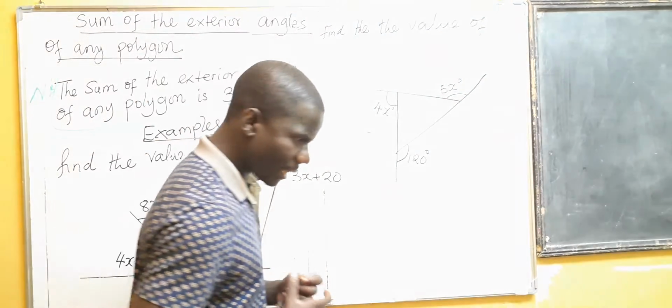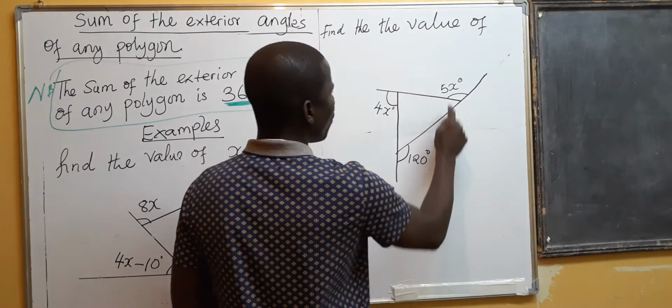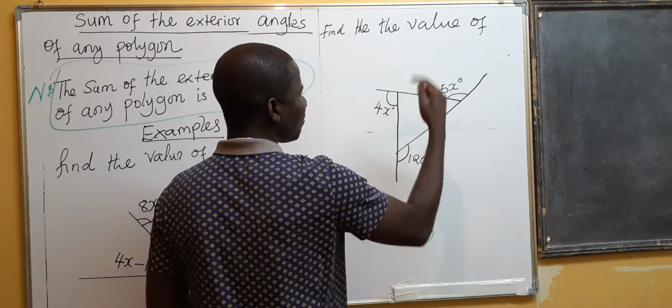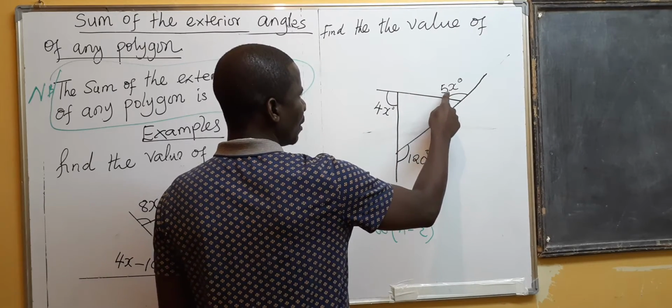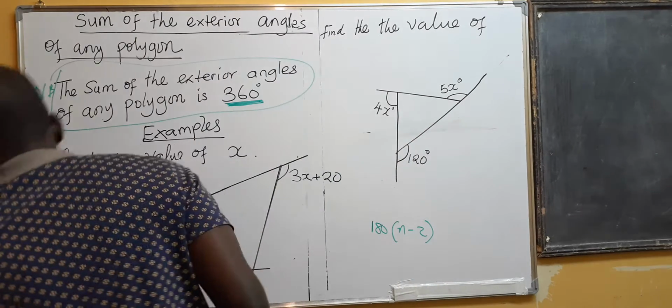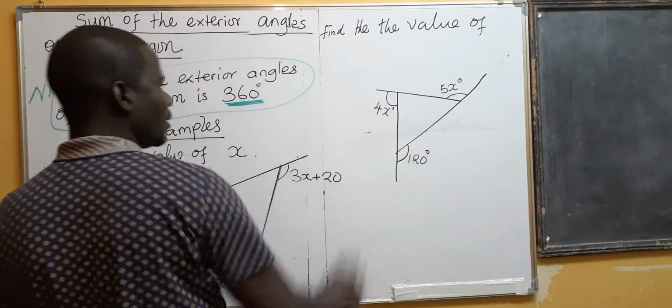So if that is the case, we can start with this one. Just an example, what is the value of x? Here, you have to know that we only have the exterior angles.